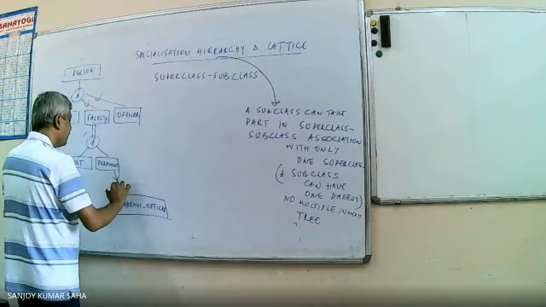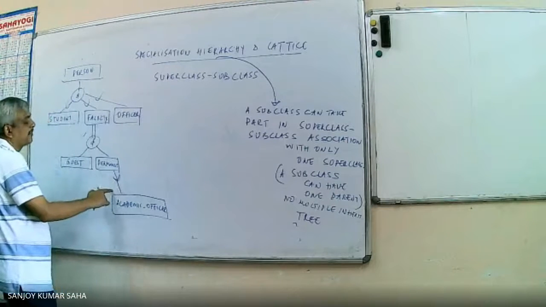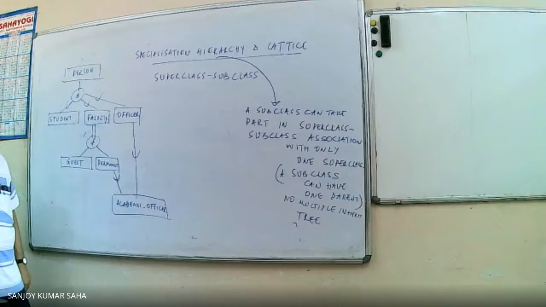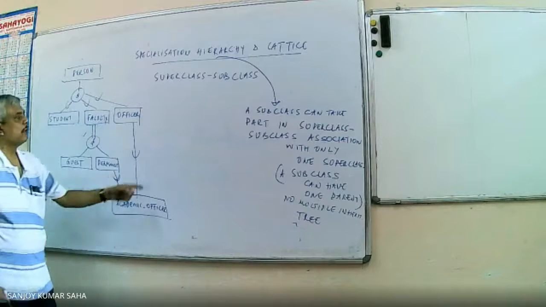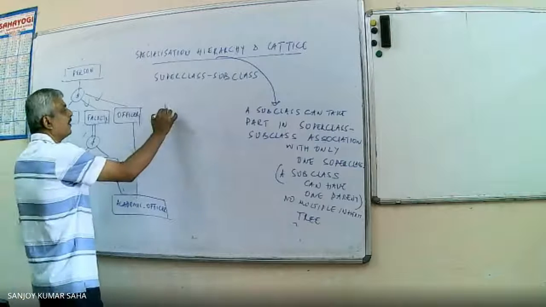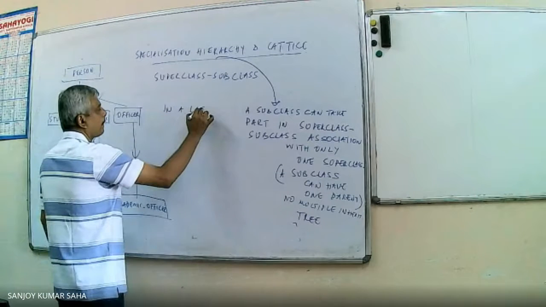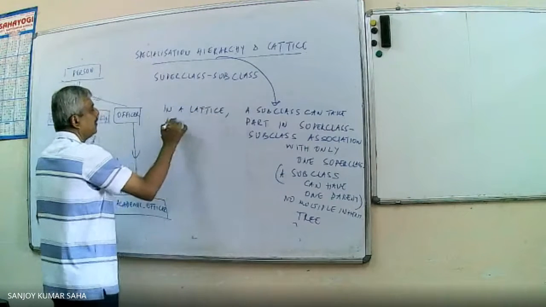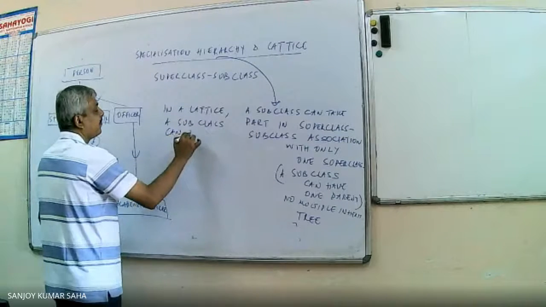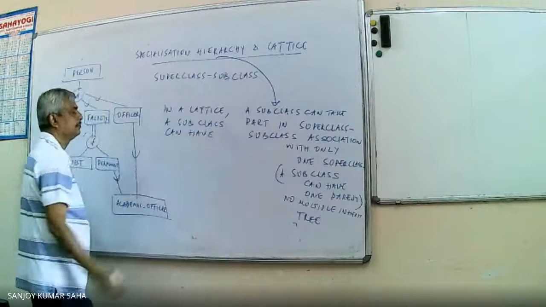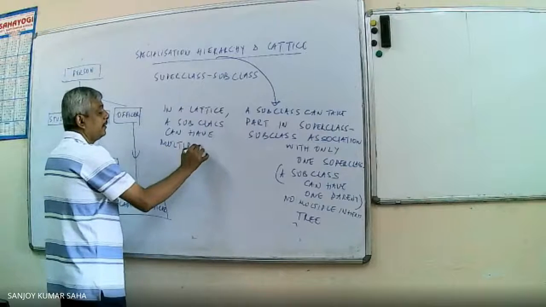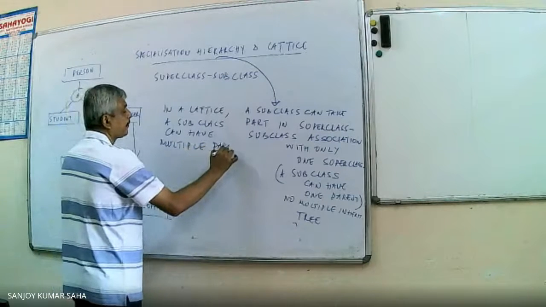So it will have a superclass subclass relation like this and again with this one. Right? Now we will not say this is a specialization hierarchy, but a lattice. So in a lattice, a subclass can have multiple parents.